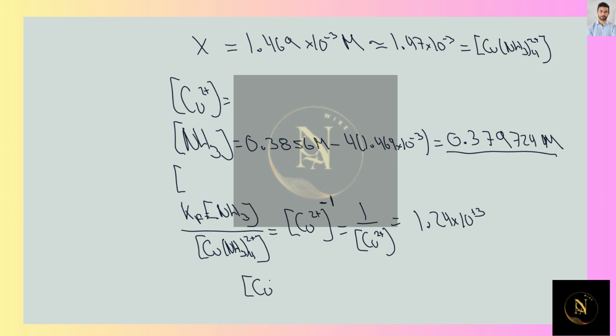That means that the concentration of copper 2+ is going to be, let me quickly check the result, 4.8 times 10 to the 12 divided by 0.0147 times 0.379, times 10 to the 14.